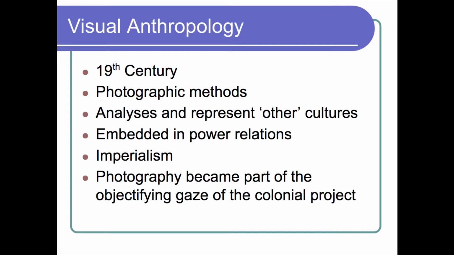In the social sciences, most of the work is really traced to anthropological work. So earlier imperialism, where photography was used in this colonial project. So if you think about who could take photographs, only particular people.